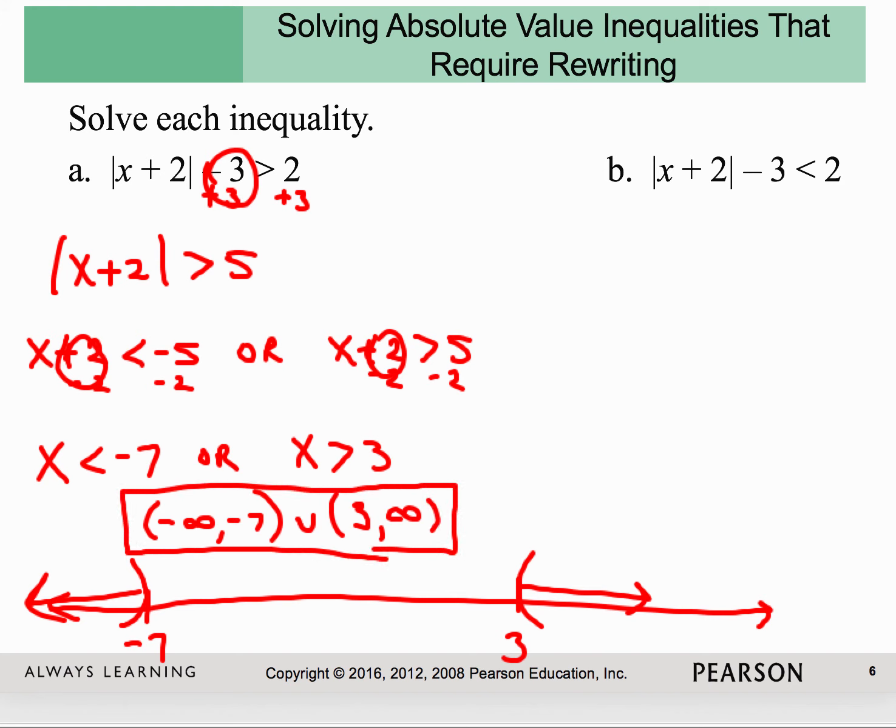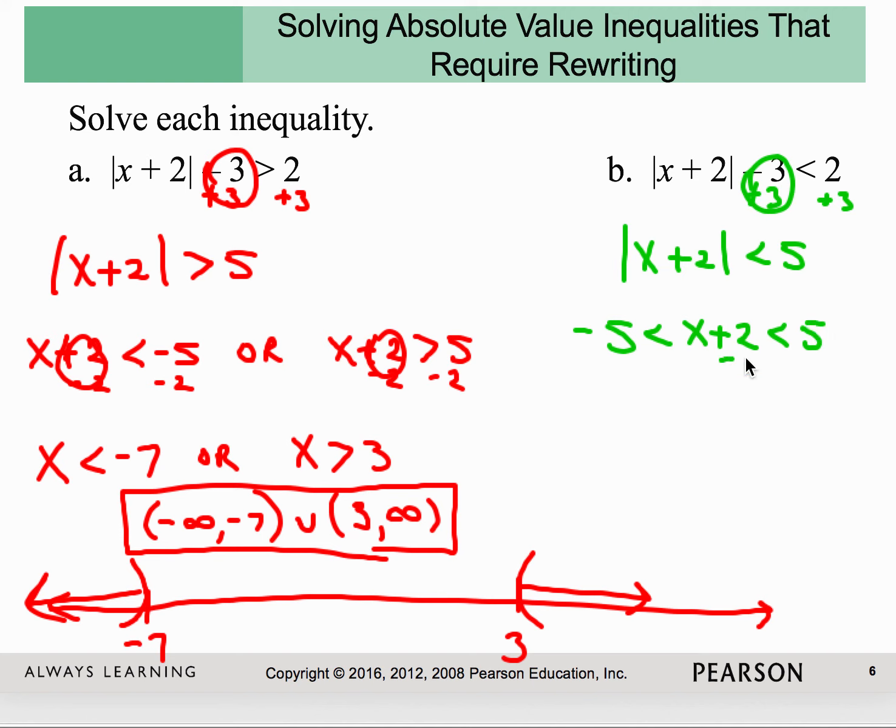Now, here's something I think they just want you to know. Just hopefully it'll help with the clarity a little bit. Okay, so I still have x plus 2, except this time less than 5. Because it's a less than, I put this stuff in between the absolute value bars, in between positive and negative 5. Solve this compound inequality. So I have negative 7 less than x less than 3.